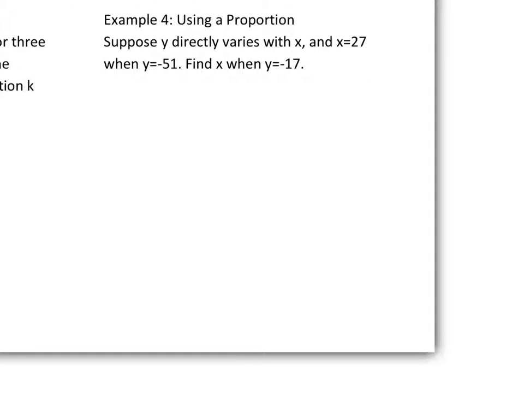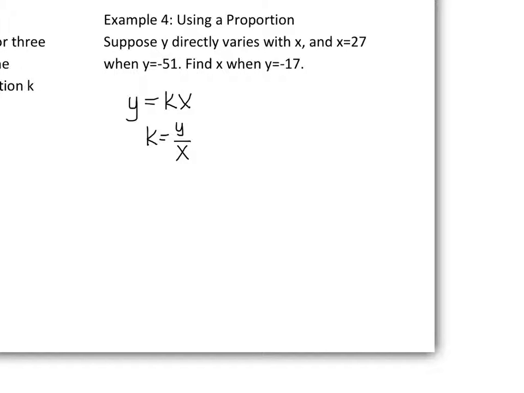We're using a proportion. Suppose y varies directly with x. Okay, so we know that we can use the formula y equals k times x. And if we need it, we can use the formula k equals y divided by x. Both of those apply anytime that y varies directly with x.